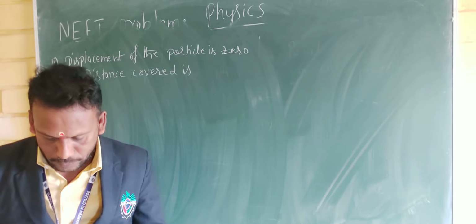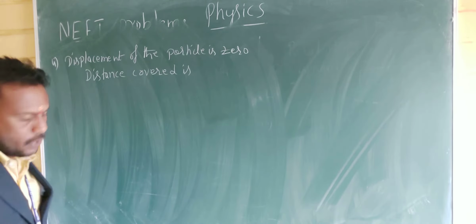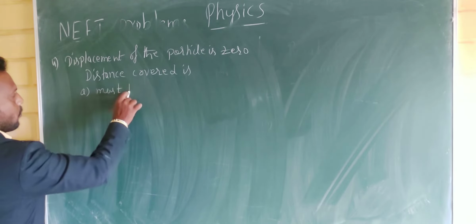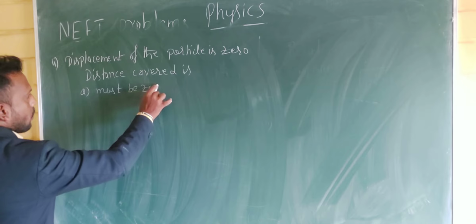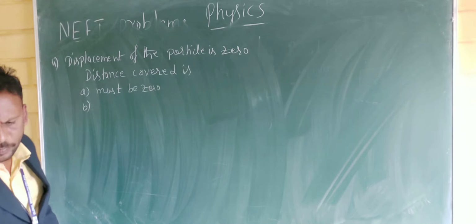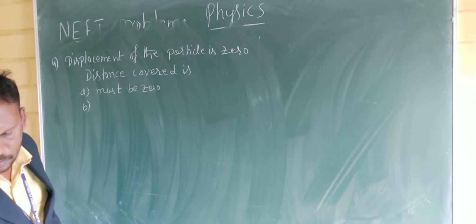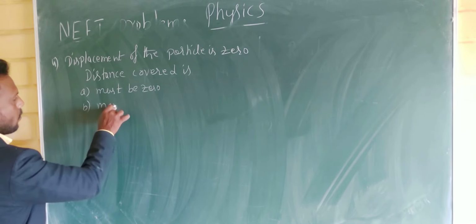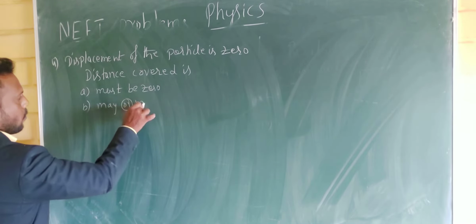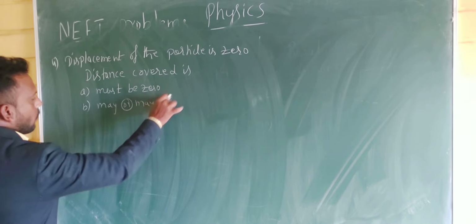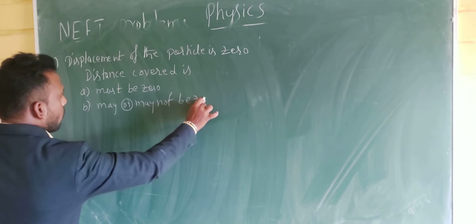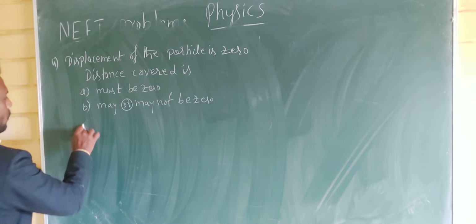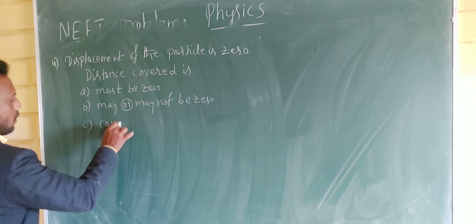Options. Option A: must be 0. Option B: may or may not be 0. Option C: cannot be 0.